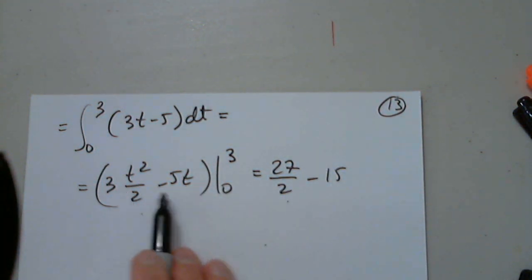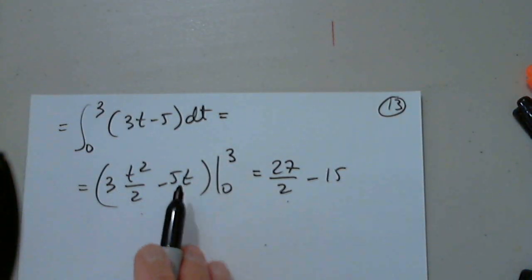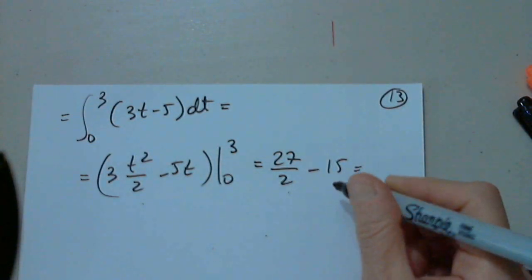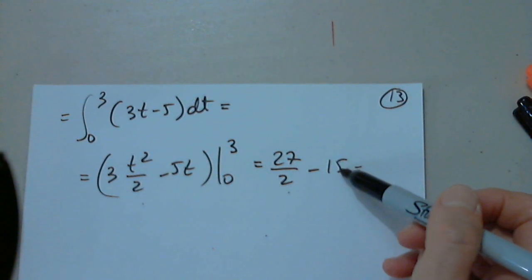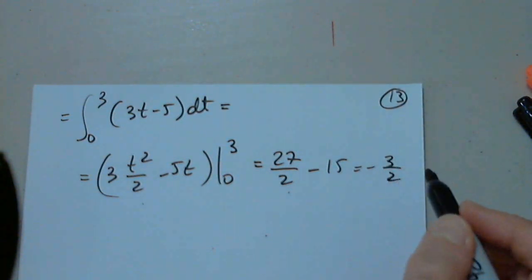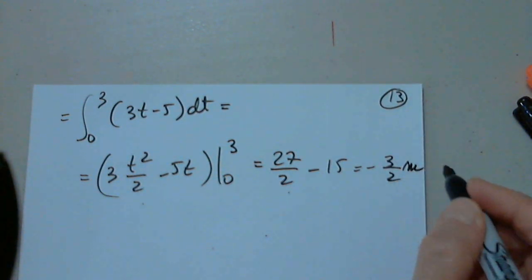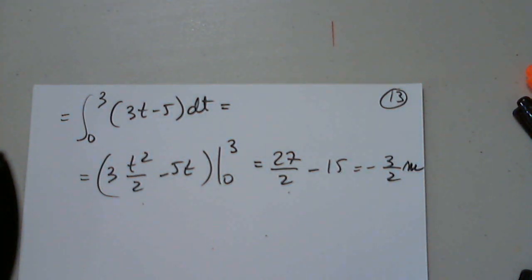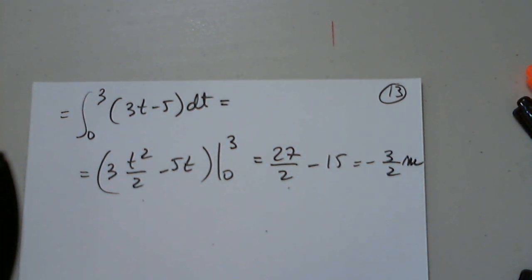There is no need to plug in 0 because I'll get 0 in both cases. So this is 27 minus 30, which is negative 3/2. And this is in meters. Let's check the measurement unit to make sure. Yes. So the displacement is negative.